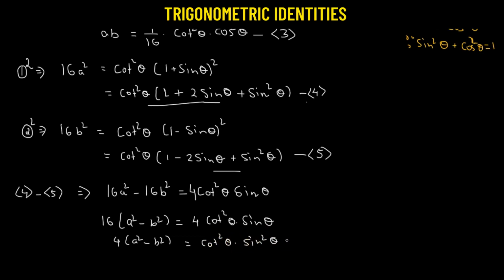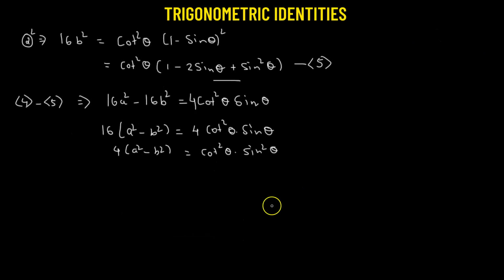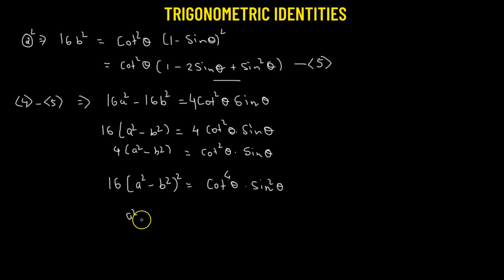Now we're going to square both sides. Squaring both sides gives us 16 times (a squared minus b squared) whole squared, and on the right hand side we have cotangent of theta raised to the power of 4 times sine squared theta. Now we'll divide both sides of the equation by 16.